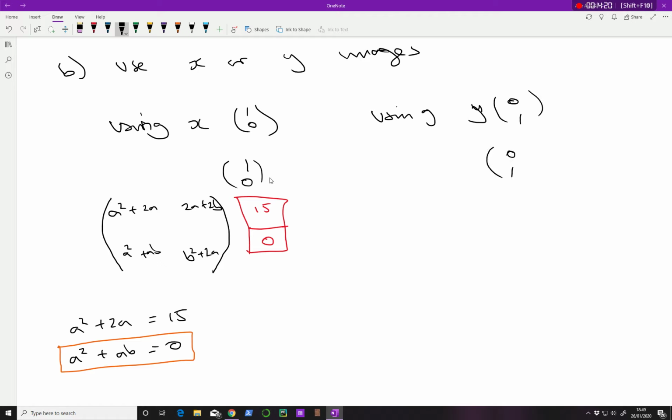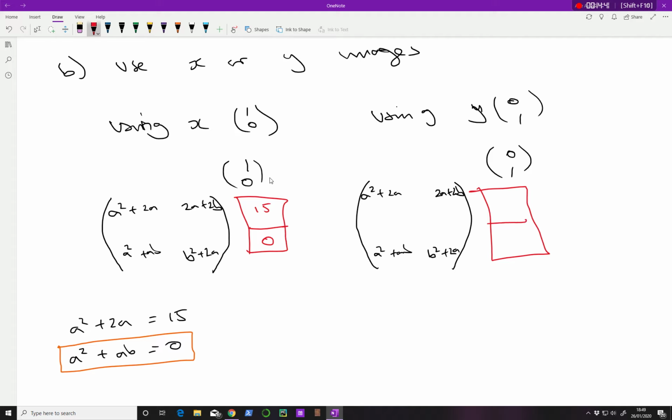So 0, 1 multiplied by my transformation matrix R squared, b squared plus 2a, and a squared plus ab is going to give me a stretch in the y direction of 15.